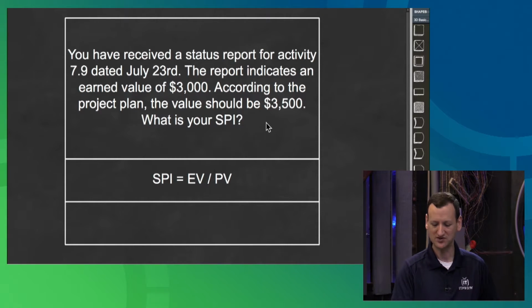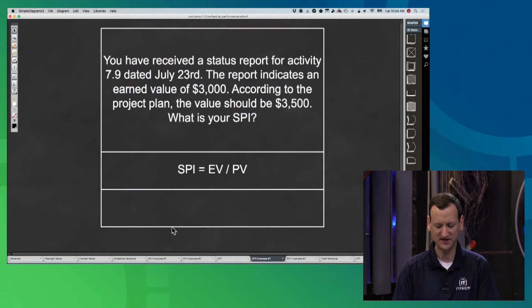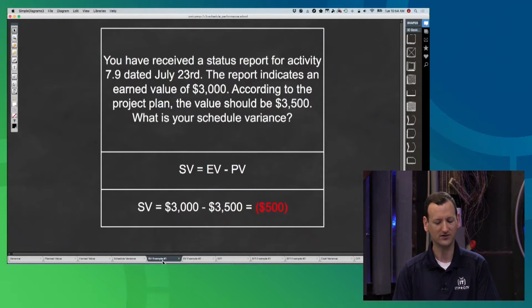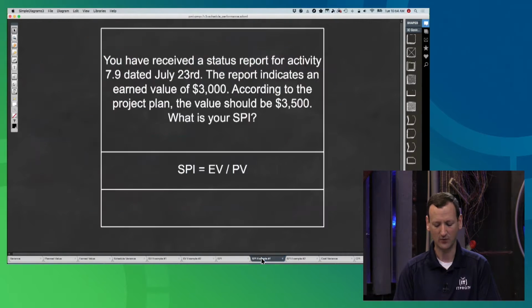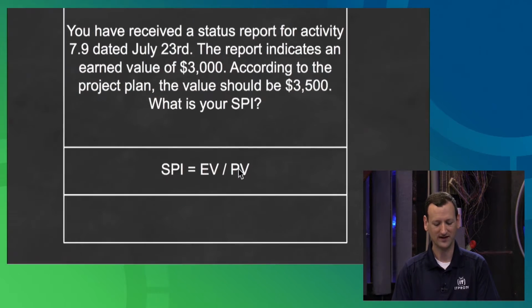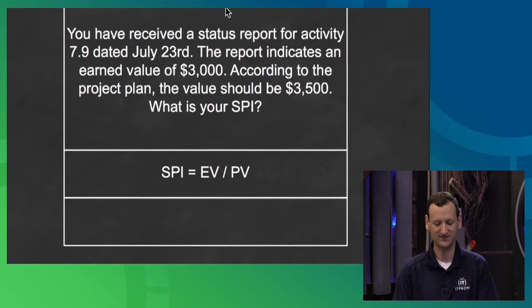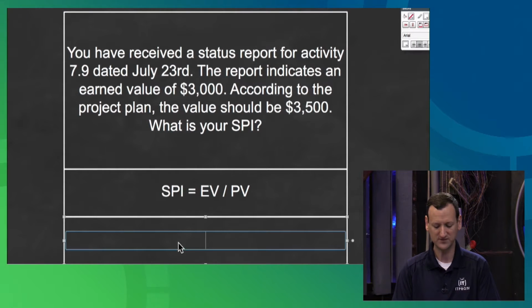We saw this same question earlier, except instead of asking for SPI, it was asking for our schedule variance, or SV. So same thing here, except instead of asking for SV, they're asking for SPI, and all we have to do is use the alternate formula. Instead of EV minus PV, we do EV divided by PV. So our SPI equals our earned value, $3,000, divided by $3,500, okay?